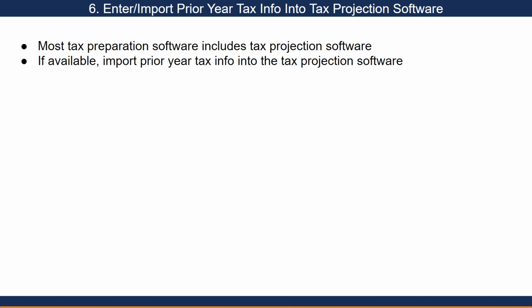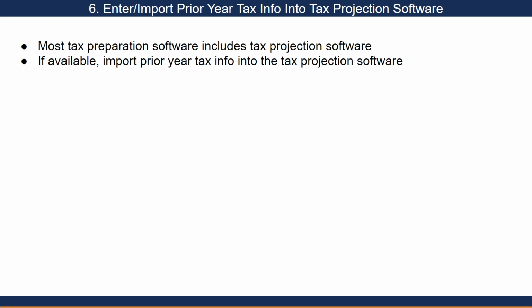Now, if it's available, you want to import the prior year tax info into the tax projection software. All the ones that I've used, all the ones I mentioned a moment ago, they all have the ability to import the tax return directly into the tax projection software.